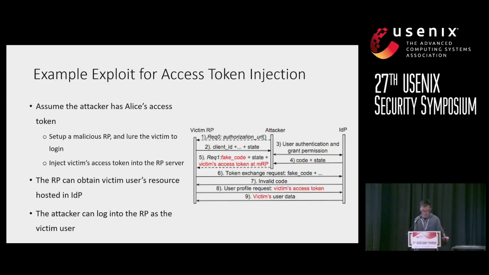And then the RP server uses this access token to request and obtain the victim's resources hosted in IDP. So the IDP thinks that the current user is the victim, but the RP server thinks that the current user is the attacker. So after that, the attacker can log in the RP server as the victim user.